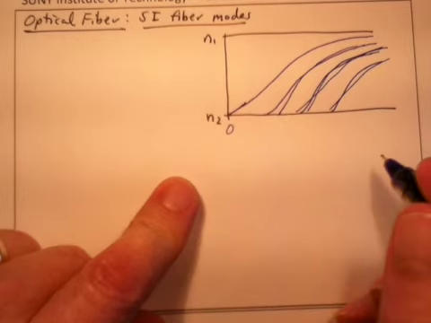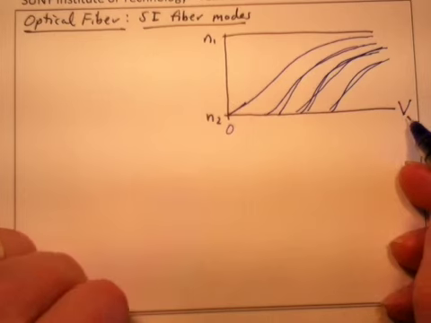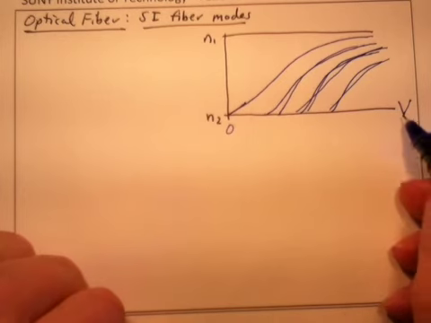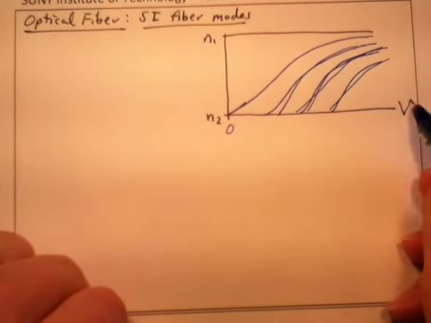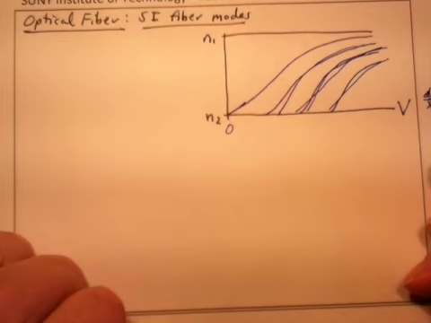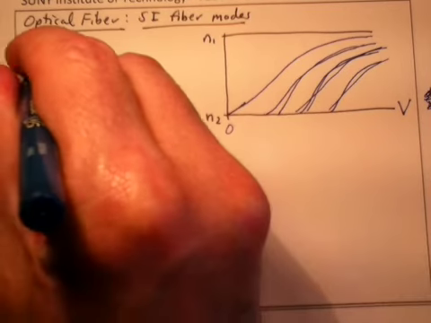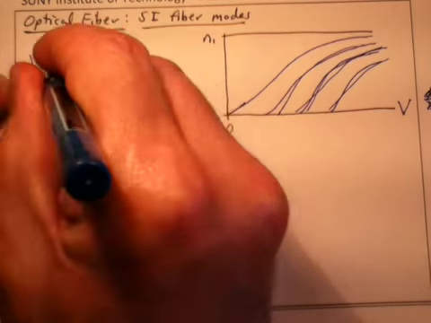The next thing I'm going to do is label this horizontal axis with the variable v. You'll recall that for the slab we labeled this d divided by lambda, whereas here we're going to call it v, and v is called the normalized frequency.